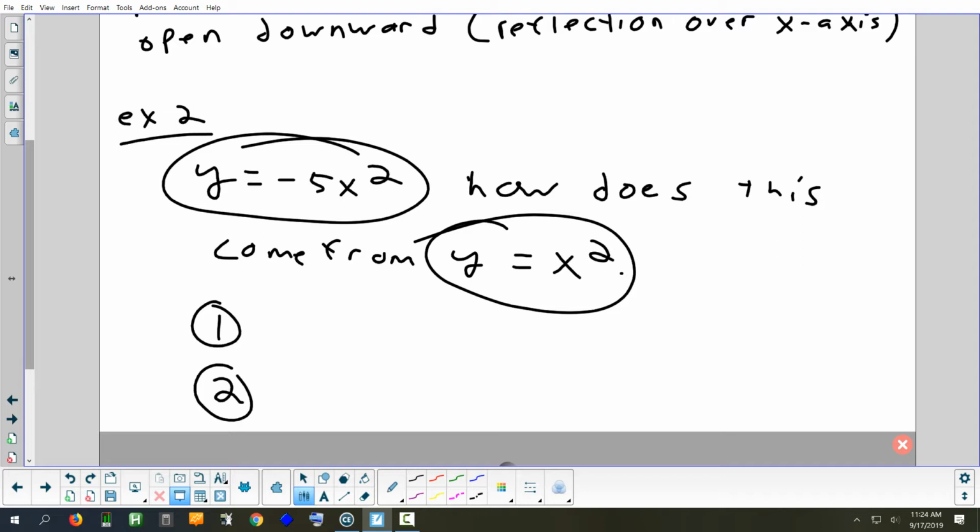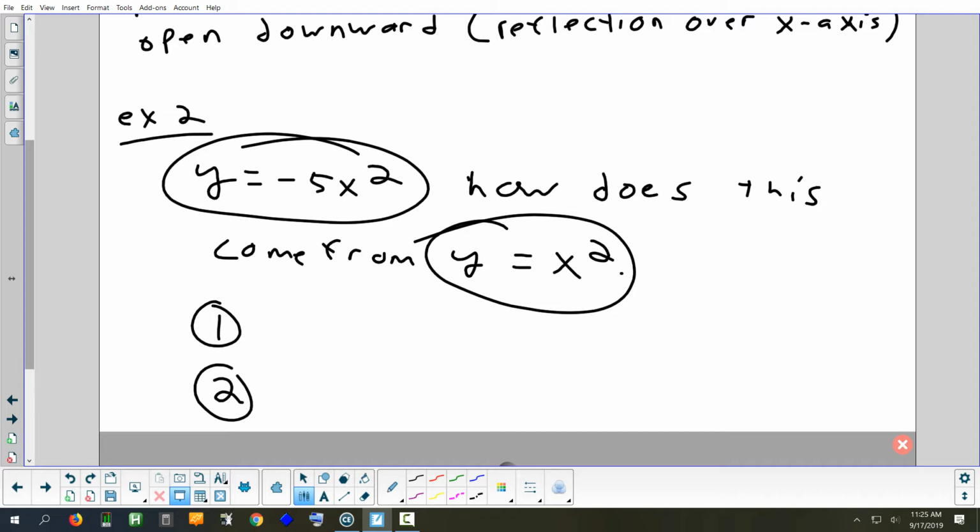So start with the 5. What does the 5 cause the graph to do? Yeah, Chris? To stretch. Yep, in which direction? Down. Negative x. The opposite.